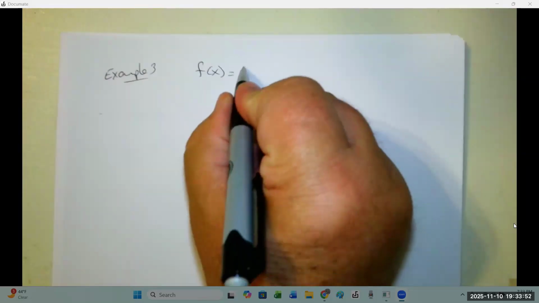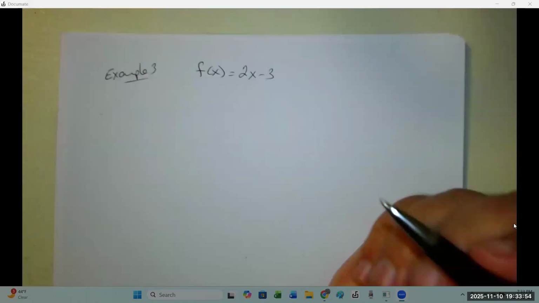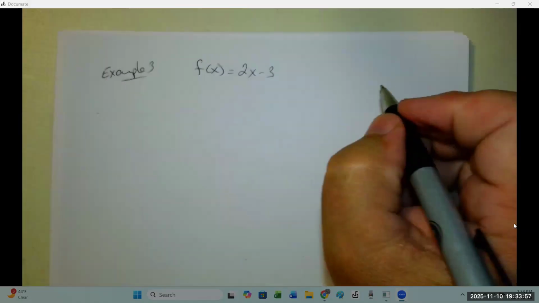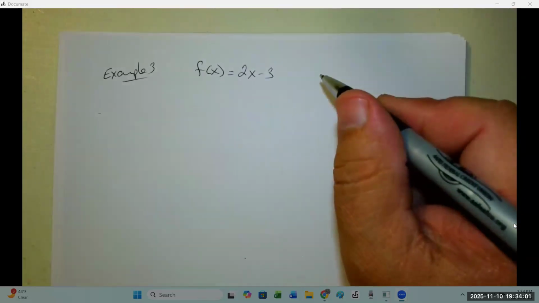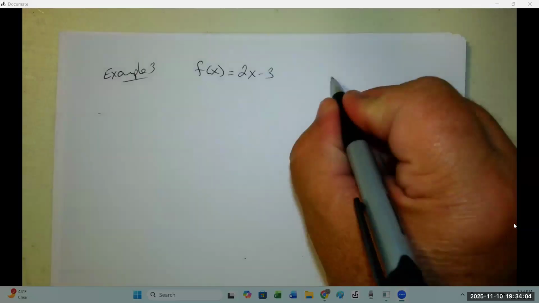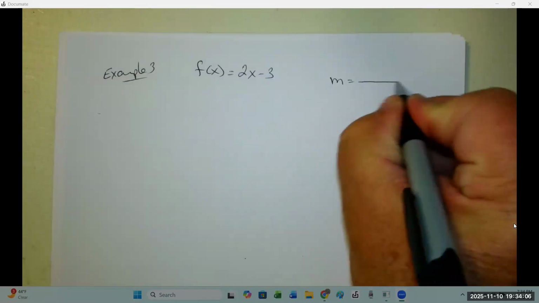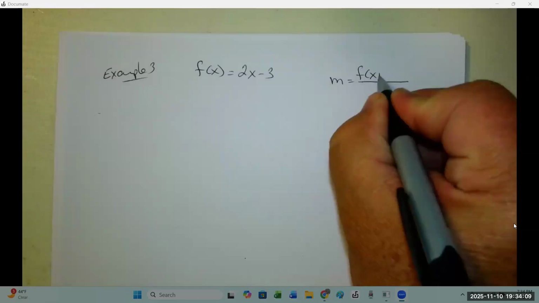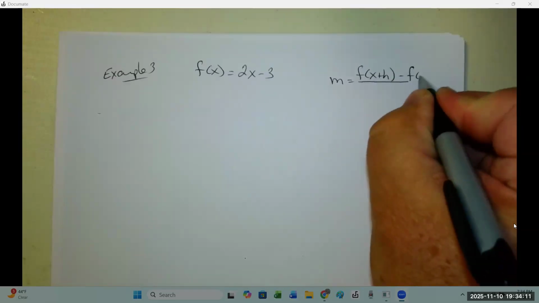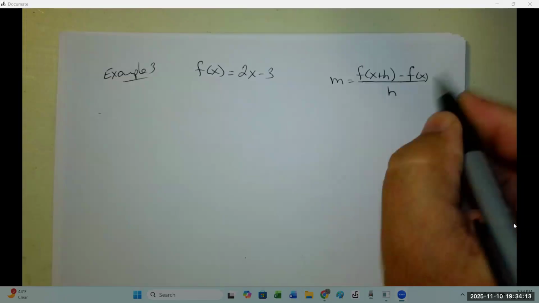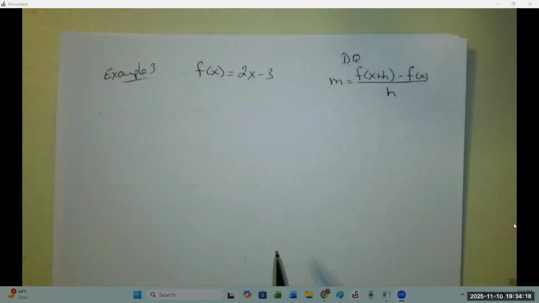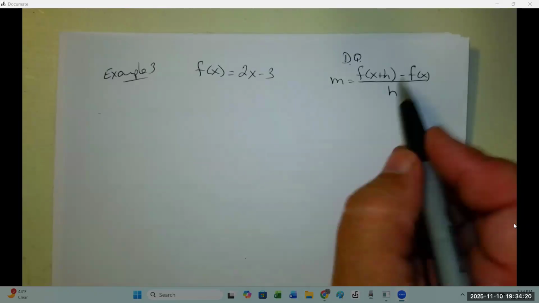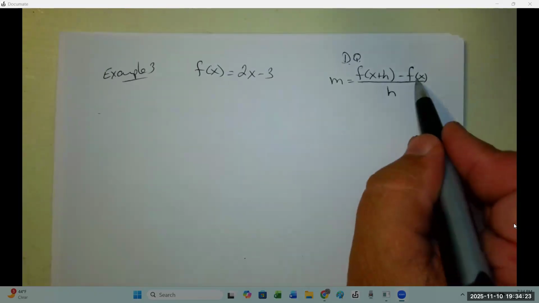Example 3. F of x is equal to 2x minus 3. Let's start off slow. Find and simplify the difference quotient. Remember, the difference quotient was f of x plus h minus f of x over h. That's the difference quotient. Okay, so in order for that, we have f of x.